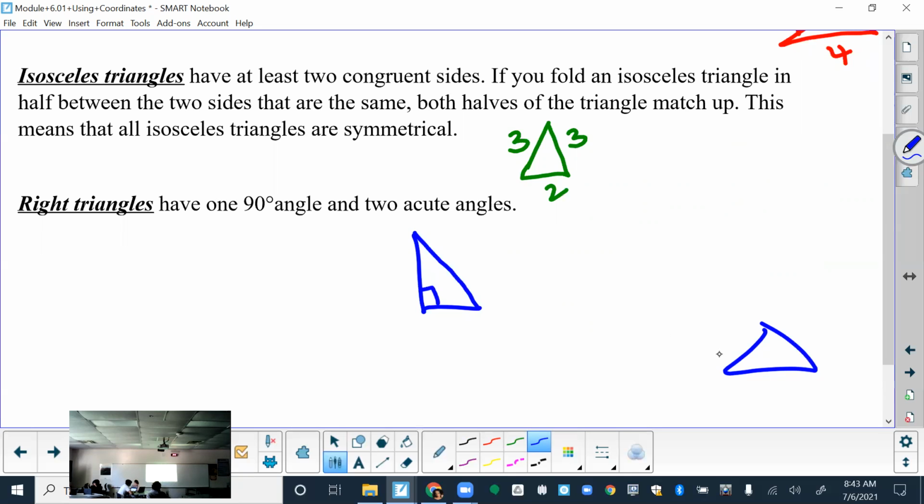Since there are no measurements given, you might have to use the distance formula to figure that out. If you find that these 2 sides are equal, you can say it's isosceles. Make sense? So you would have to know the definitions or the criteria for each to be able to answer that question.